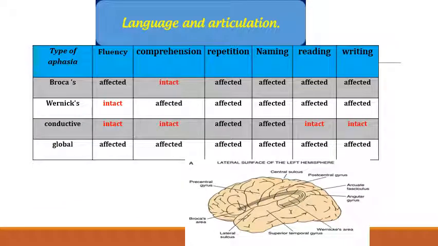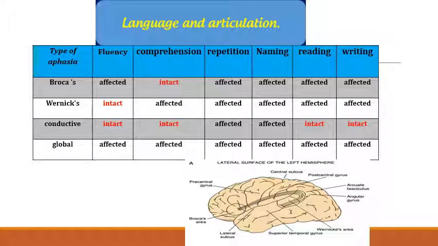If the patient has a lesion affecting Broca's area, which is responsible for production of speech and language, but Wernicke's area is intact, the patient can't speak fluently, but he can understand what I tell him.